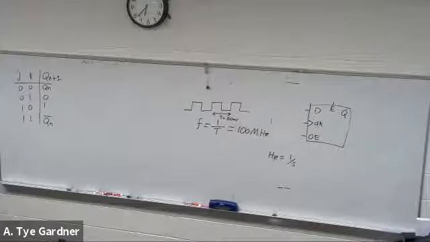All right, so what that's saying is, if I have JK as both 0, the next clock period is the same as it was last time. Don't do anything.